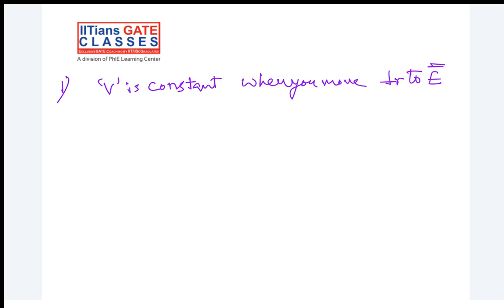The second thing: you trace all the points by moving perpendicular to the electric field. That means you find the locus of all the points by moving perpendicular to the electric field. It will indirectly form an equipotential surface.